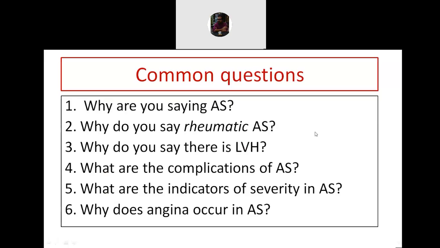Now look at the list of visible pulsation in this particular patient who has left ventricular hypertrophy but no left ventricular failure. If there is no left ventricular failure, there is no question of right ventricular hypertrophy because pulmonary hypertension did not develop. So you tell me what are the expected areas of pulsation in this patient.